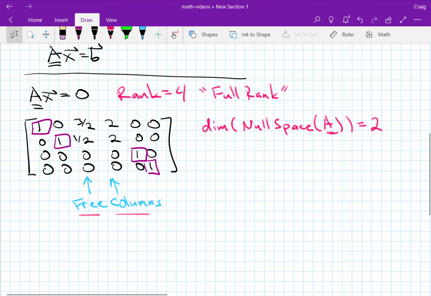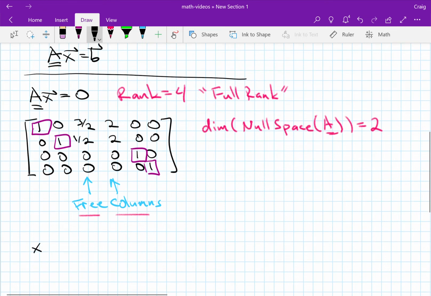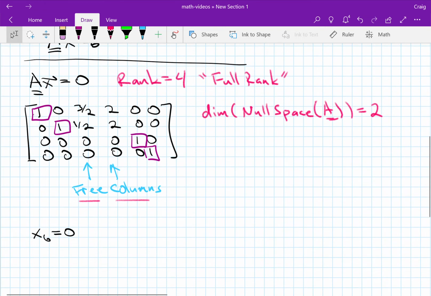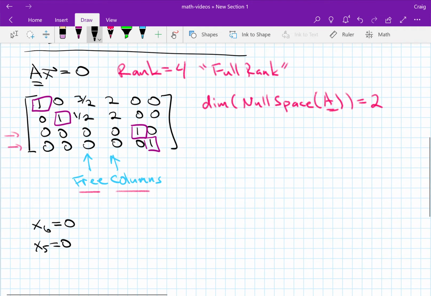So if we write in terms of the variables, our last equation for the homogeneous equation tells us that x6 must be equal to 0. That's the fourth equation. The third equation tells us that x5 has to be equal to 0, so x6 and x5 are not allowed to participate in any of the null vectors.